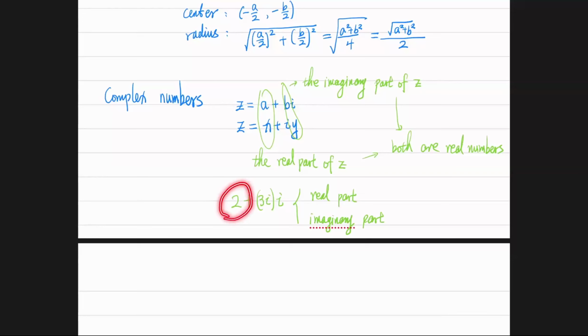Yes, it's 2 though. Hmm. Isn't 2 the real part? Is this the real part too? What's the imaginary part?